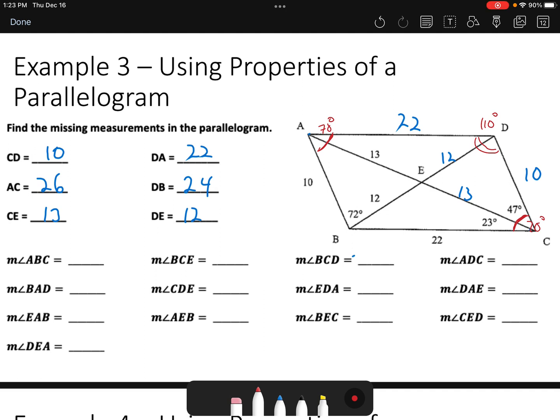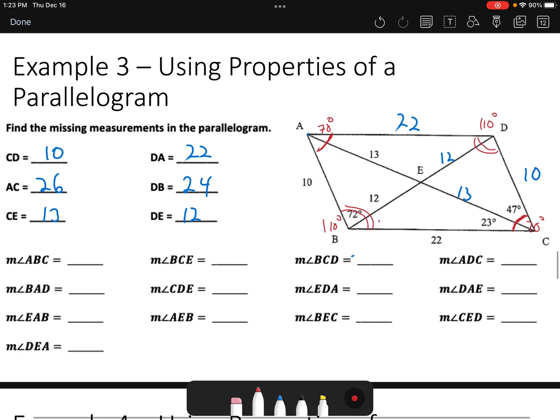So then we know that this angle is 110 because they have to add up to 180, remember? And this angle is 110. But that should tell us what this angle is then. Because, let's see, 110 minus 72, 38, because they got to add up to 110.